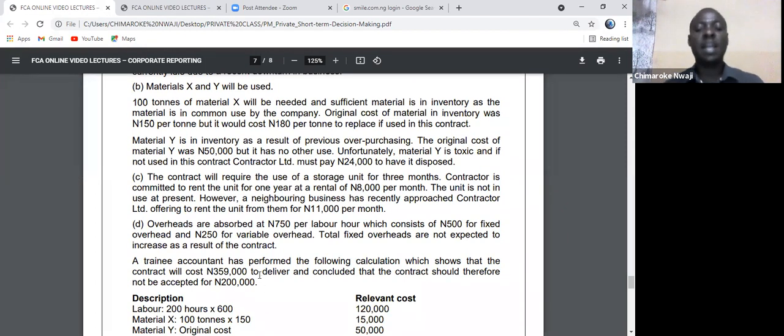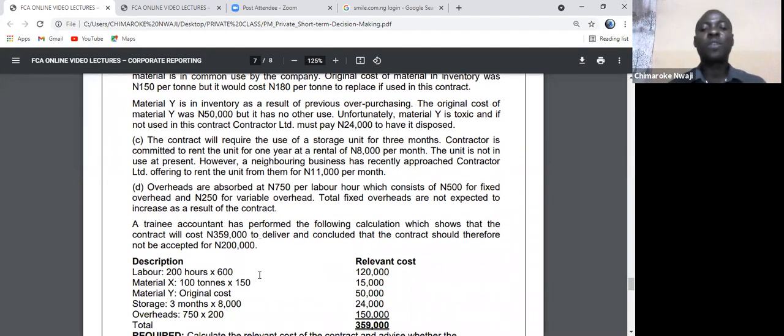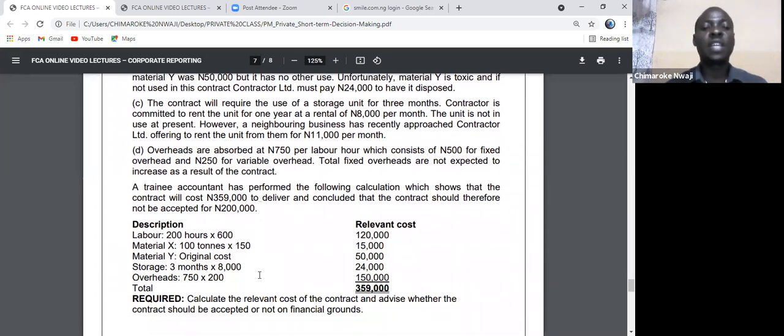A trainee accountant has performed the calculation, which shows that the contract costs will be 359,000 to deliver, and concluded that since the contractor is going to pay 200,000 to us, and we are spending 359,000, then we'll be making a loss. So please don't accept.